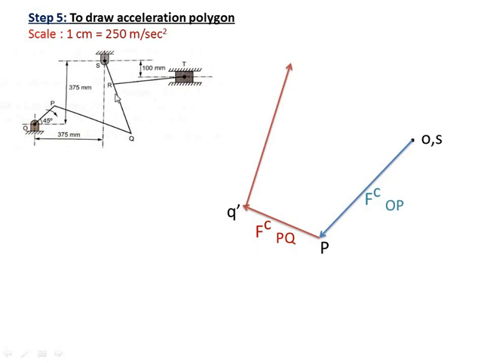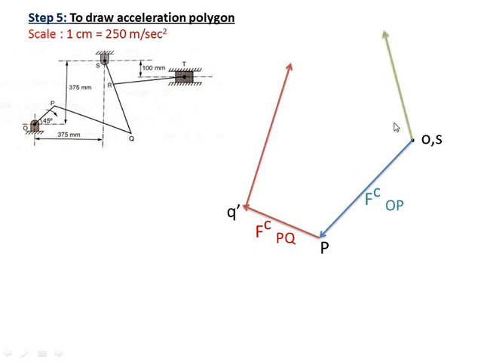Now come to SQ and locate the centripetal acceleration of SQ. It is parallel to SQ towards the center of rotation. I am saying link SQ, so S is the center of rotation. The direction is parallel to SQ towards S, which means upward.